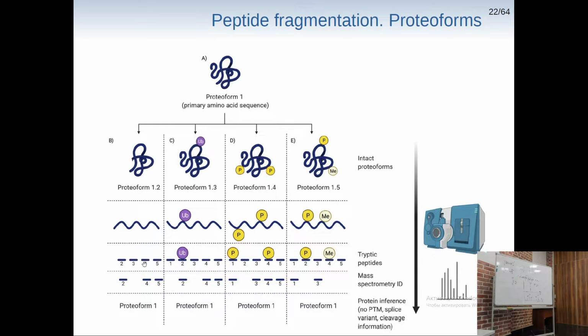We've made this representation, we've got this mass spectrometer identification, but what do you think? Can we say that there are other proteoforms, except for the first one, having this kind of data? No, because those post-translational modifications are missing from our data, right?